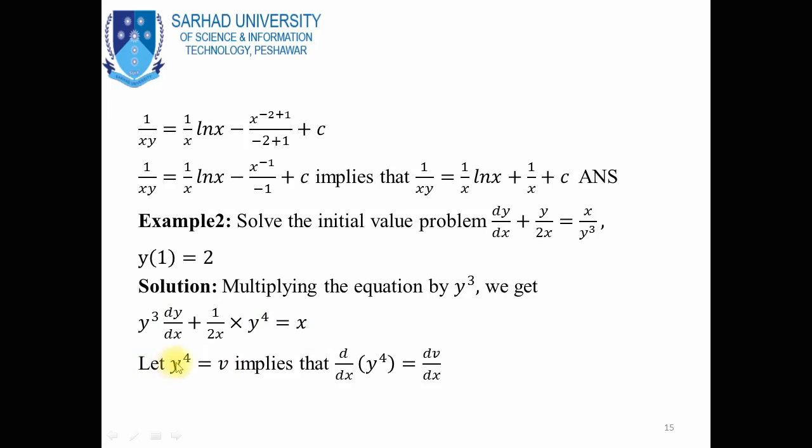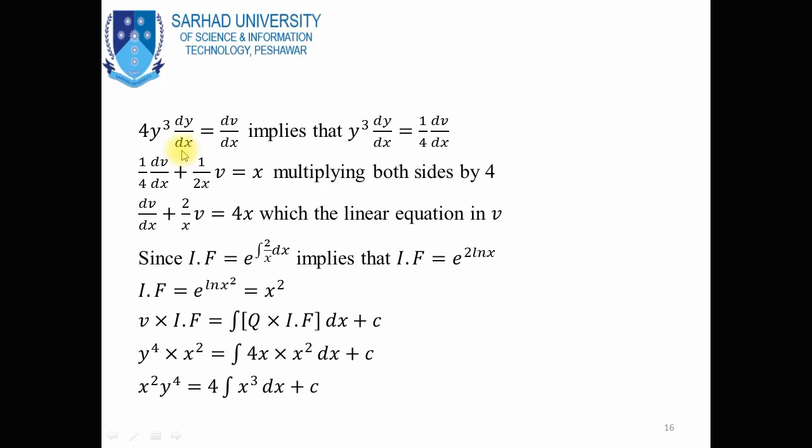And now let y power 4 is equal to v, which implies that d by dx of y power 4 is equal to dv by dx, and this can be written by power rule as y power 3 and again the derivative of the base, dy by dx, is equal to dv by dx, and this implies that y power 3 dy by dx is equal to 1 over 4 dv by dx.